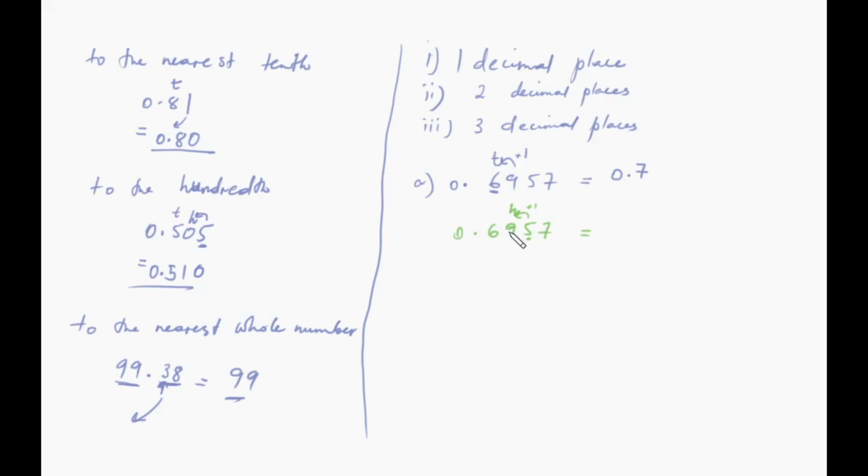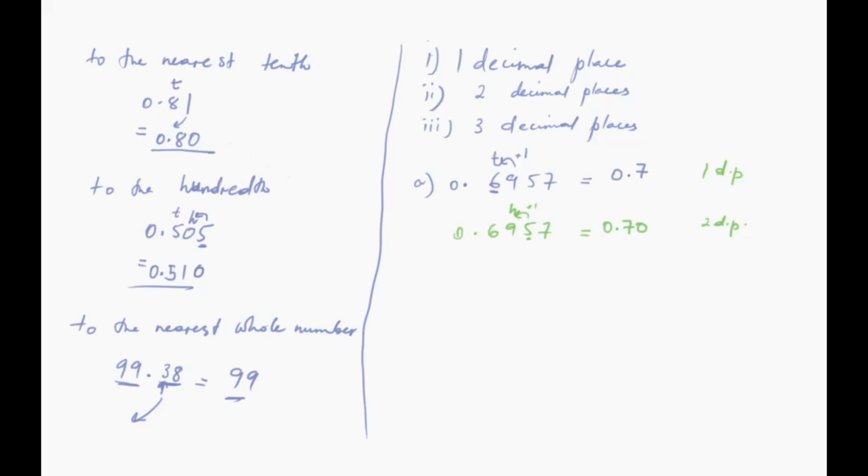It's going to be 10. We put 0 and carry 1. It becomes 7. So it's going to be 0.70 to two decimal places. This is two decimal places. This is one decimal place.